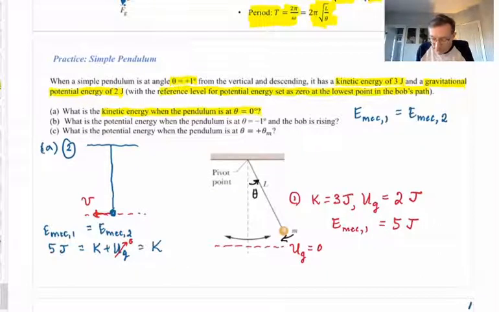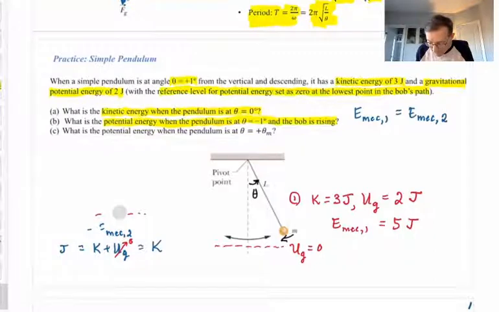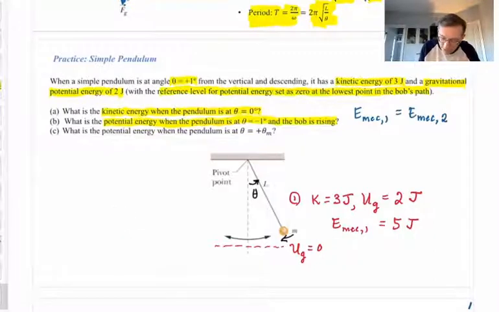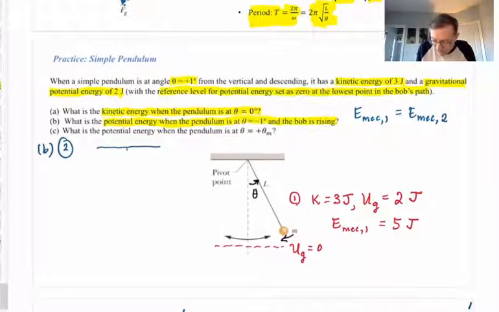B. What is the potential energy when the pendulum is at theta equals -1 degree and the bob is rising? Let me draw a new picture. I'll need some space here. Okay, now we're doing B. So I'll draw what I'll call a new picture 2. There's the vertical reference line. Now, a negative angle with the pendulum means it's measured clockwise from the vertical. So that means it's over on this side.